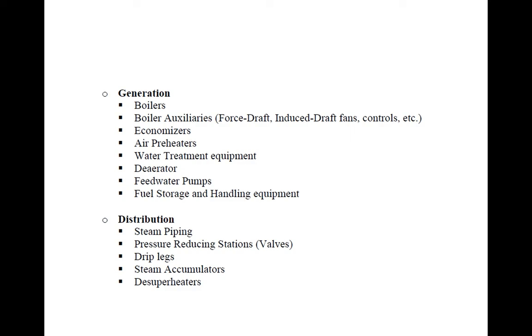But we can increase the temperature of the combustion air from the environment when it enters the air preheater, because the air preheater is similar to the economizer. It recovers heat from the flue gas, but in this case the heat is used to increase the combustion air temperature. The other one is water treatment equipment.